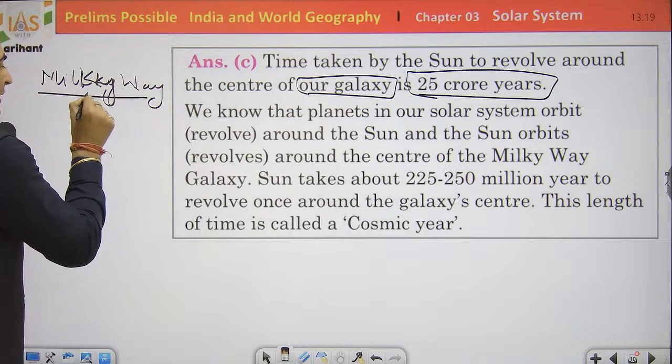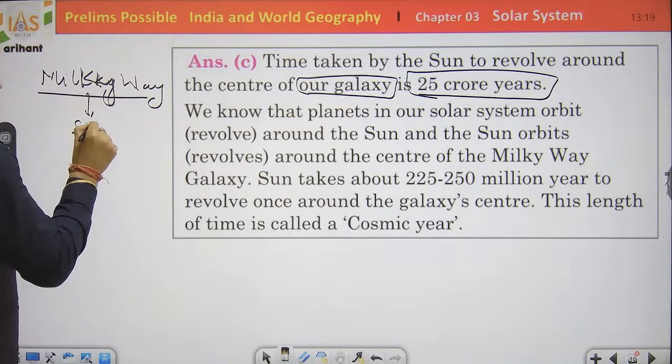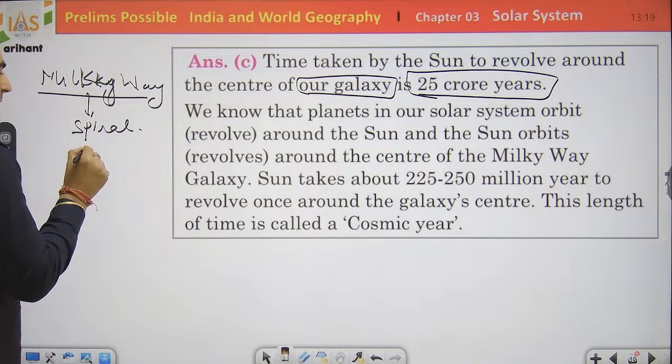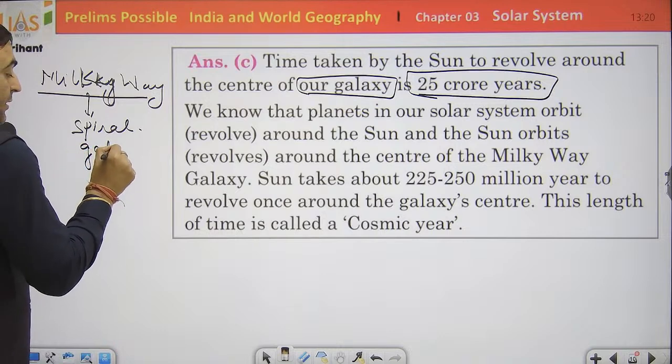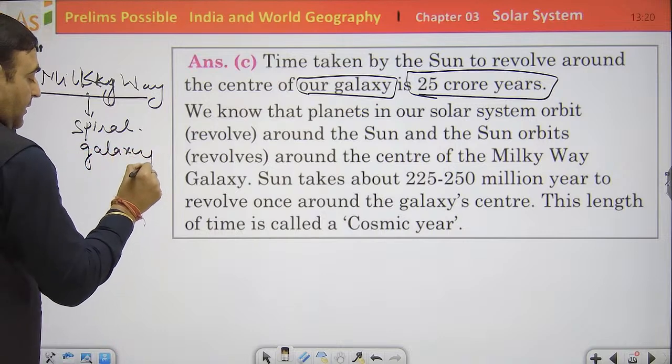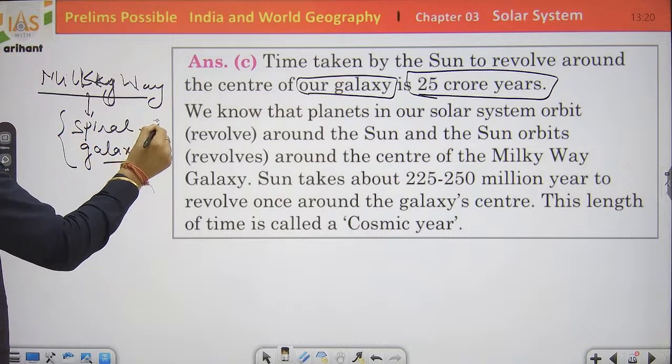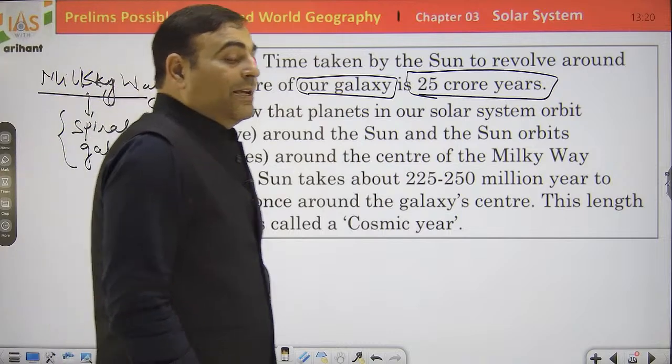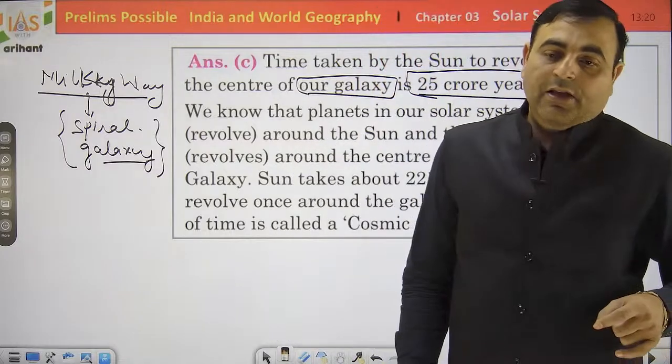Milky Way is a spiral galaxy commonly known as Akash Ganga.